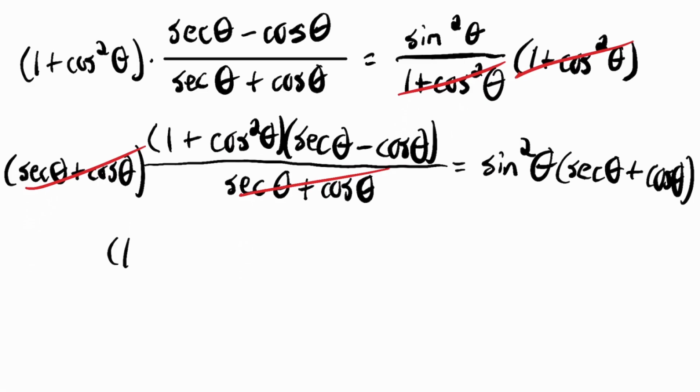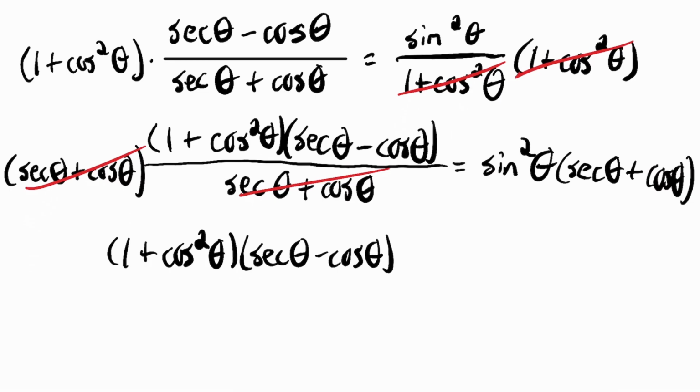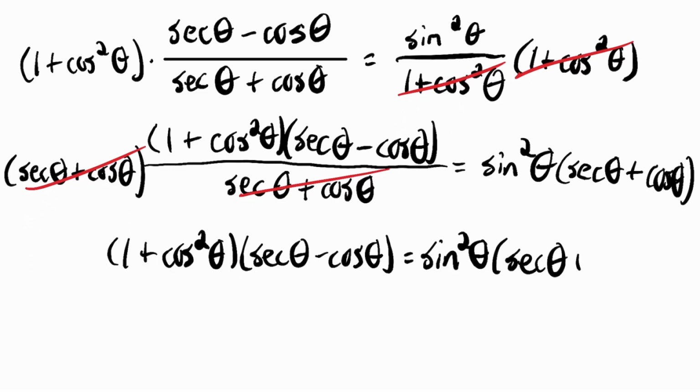So I've got 1 plus cosine squared theta times secant theta minus cosine theta equals sine, not secant, oops, sorry, struggling with the interface here. Sine squared theta times, not plus, times secant theta plus cosine theta. Okay? So, no fraction anymore. That's the benefit. That's why I did this.